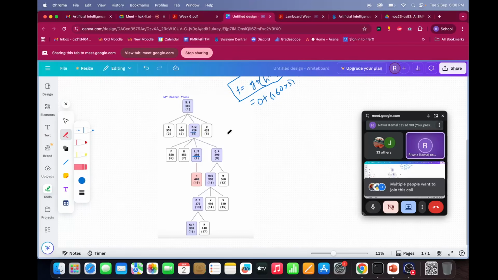Okay, I have not shared this tab. So basically, the idea behind pruning, let me just go over that once. Let's say you have some path starting from the start node, some node, and then some node.